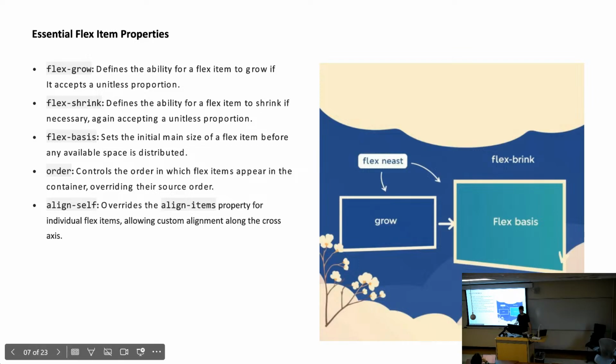Some more essential items. This is where you put it in the child. Flex grow will control how much the container will grow in the window. It will also control how much it will shrink if you do flex shrink. Again, this is very visual.